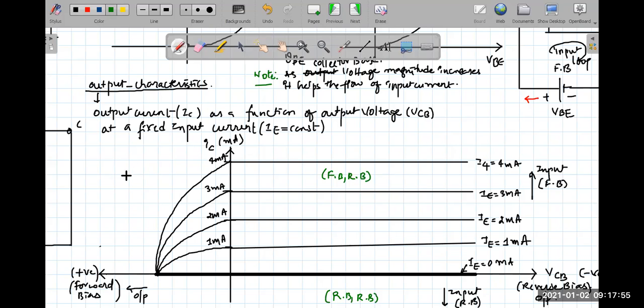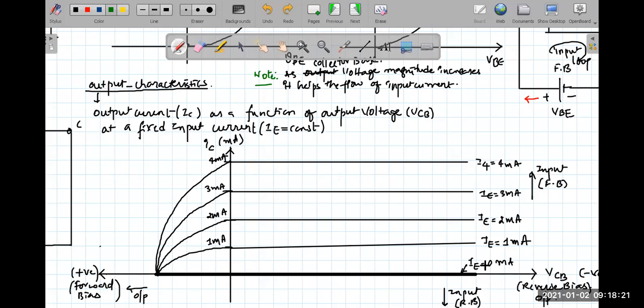In this region, because it's above, input is forward biased. If you're confused, draw the inputs at once. Input above is forward biased, below it's reverse biased. Is that okay? Okay, confused, right? Look here.